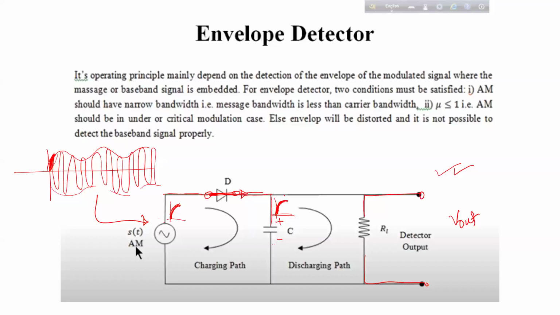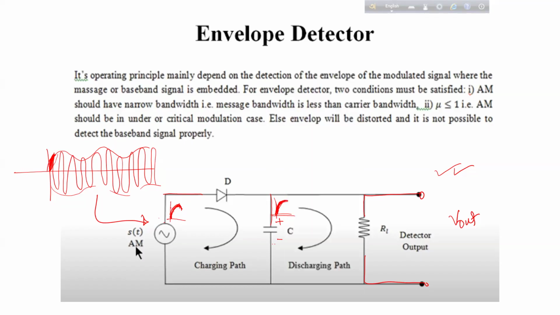So this is how it is being charged, and the charge across the capacitor is increasing. Now, when the input voltage tends to decrease from the maximum value, this value becomes lower than this value, because the capacitor has absorbed the maximum charge, and this time the capacitor has a charge which is like the maximum value.